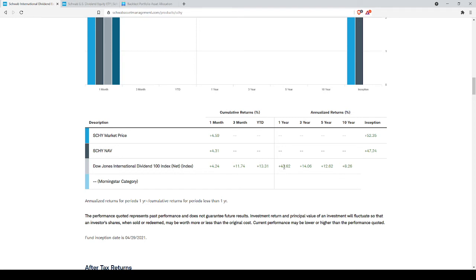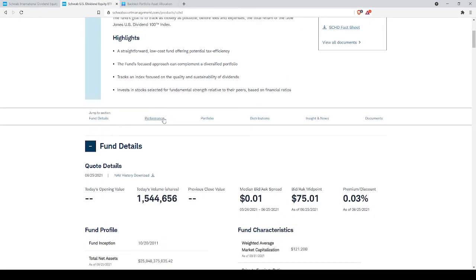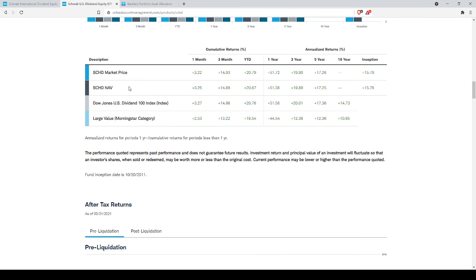Our 1 year is sitting at about 43%, and our 3 and 5 year averaging out to about 13%. If we compare that to SCHD, we can see that we're not too far off, 44%, very similar for the 1 year, SCHD doing a little bit better at 51% and doing a little bit better overall.